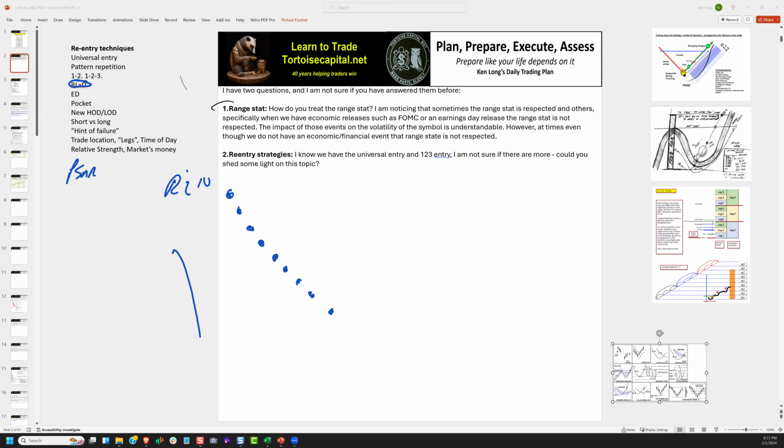And when the RL10 reverses, and the RL10 goes through the PSAR, and then that price bar closes, the next bar is going to be the PSAR flip.